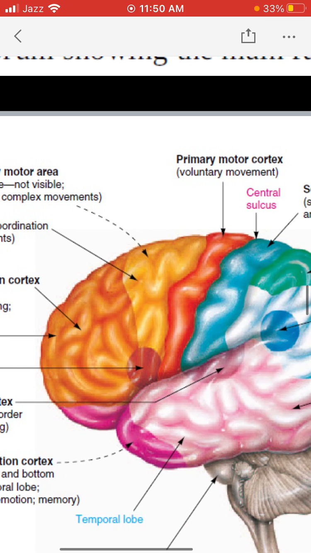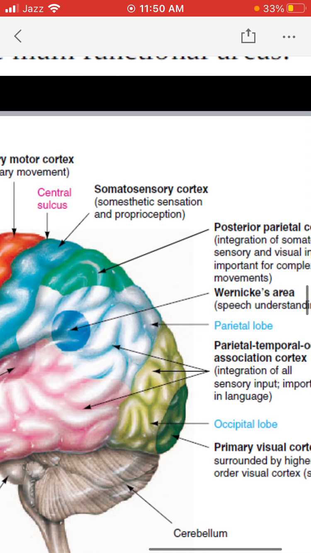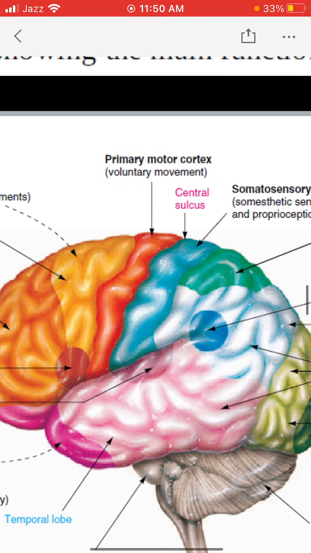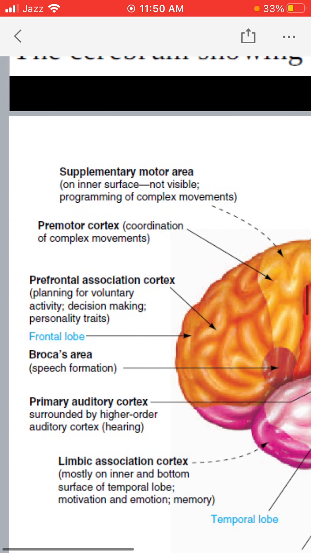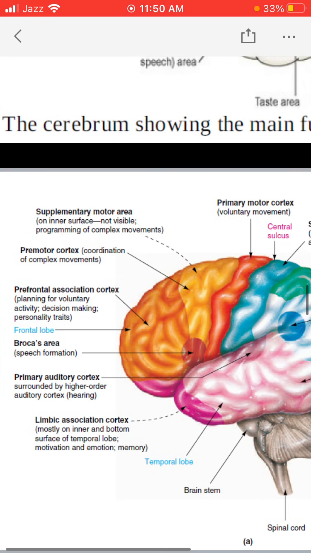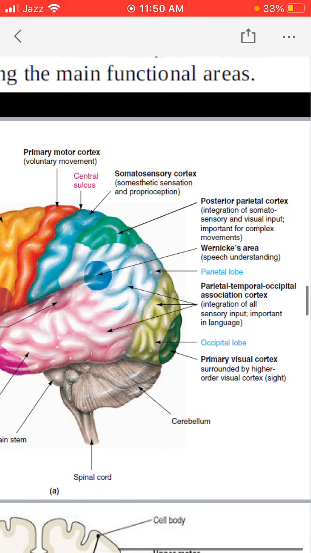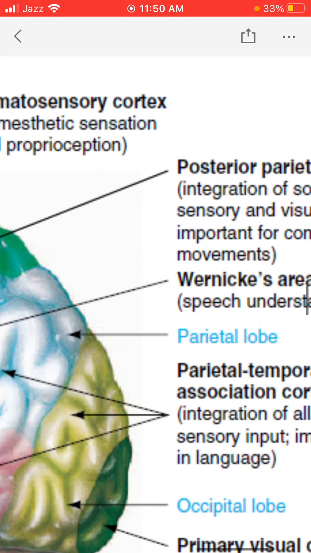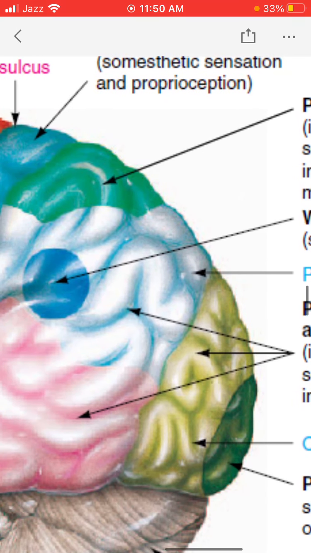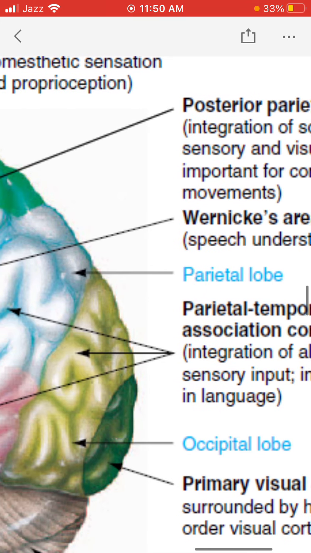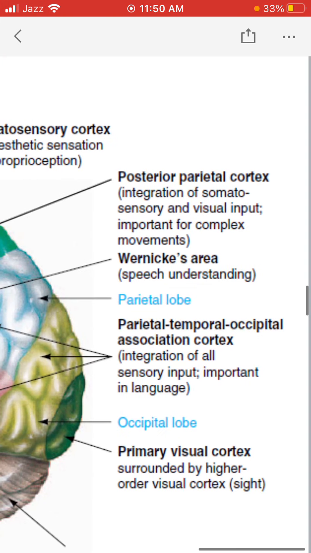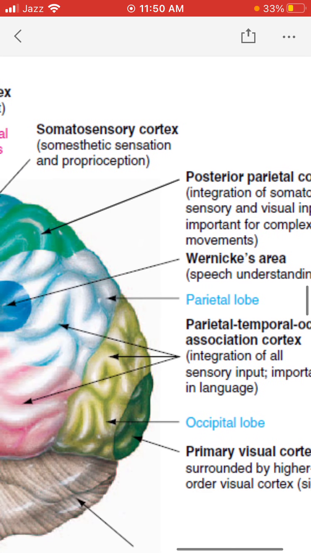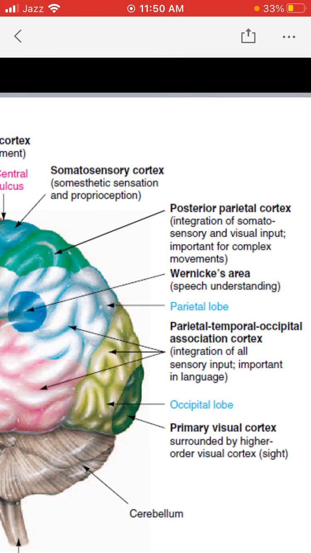Then we have another association area which is called Wernicke's area. So here we have Wernicke's area. This blue colored circle is basically the Wernicke's area, and this is the sensory speech area, right? So Wernicke's is also known as sensory speech area.